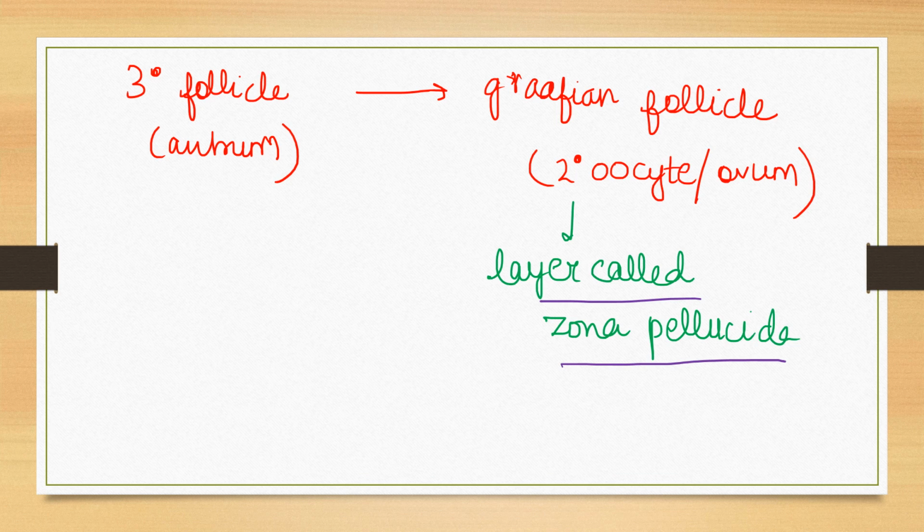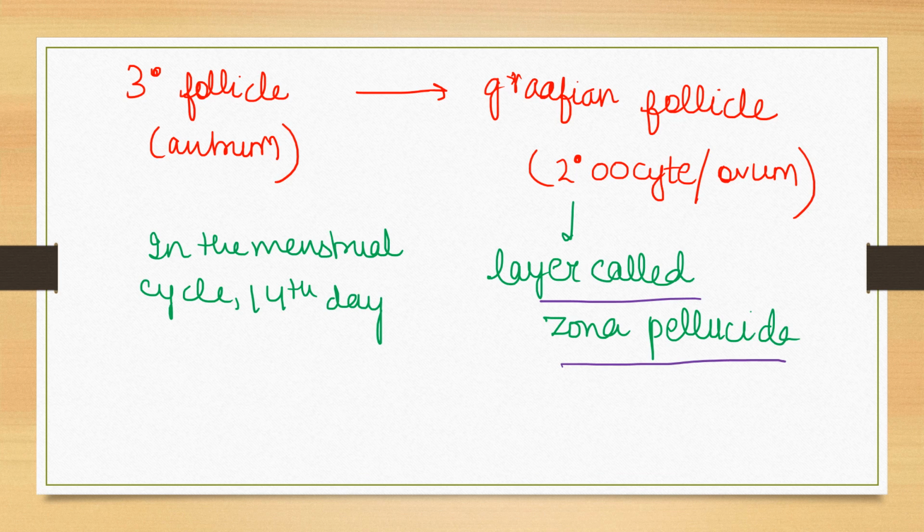अब क्या होता है, in the menstrual cycle, at around 14th day, mid of the cycle के आसपास, in females, LH surge occurs. Now what is the LH surge?